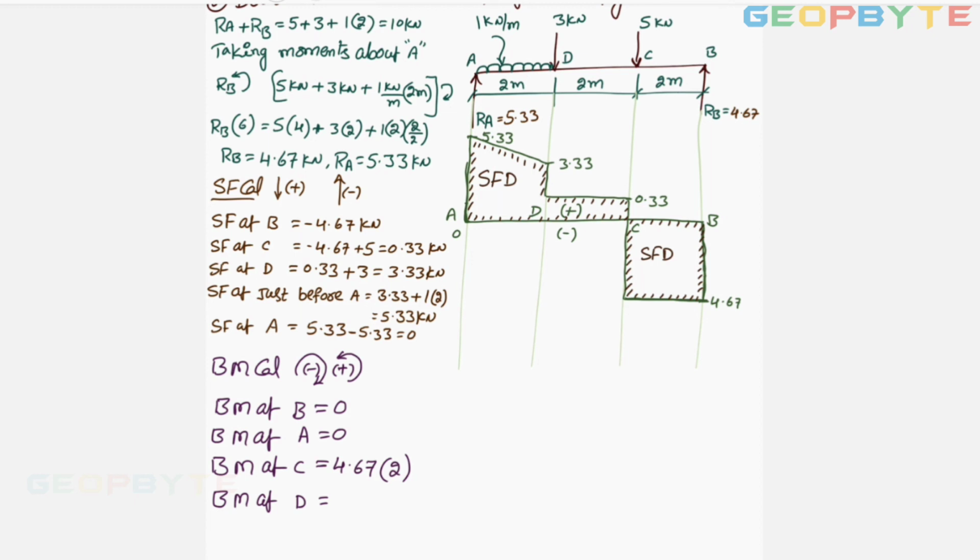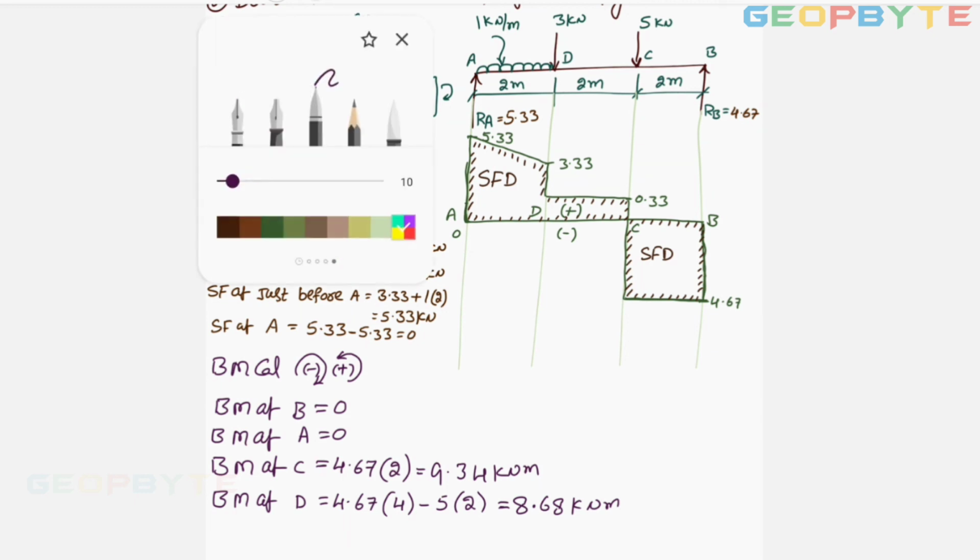Let me write that: RB into 4.67 into distance up to D is 4, minus 5 into distance up to D is 2. Simplify this value. I got BM at C is 9.34 kilonewton meter and at D it is 8.68 kilonewton meter.